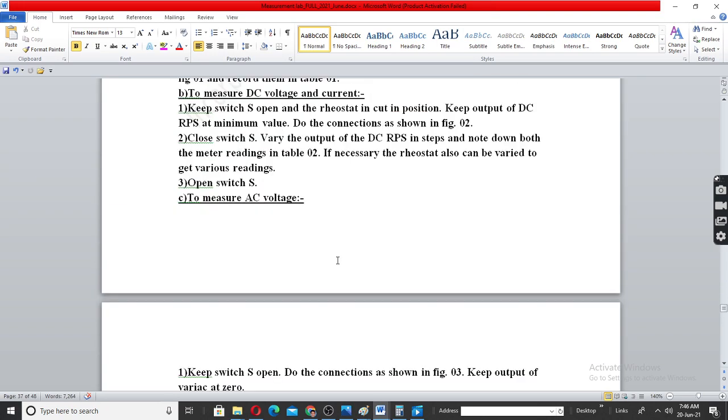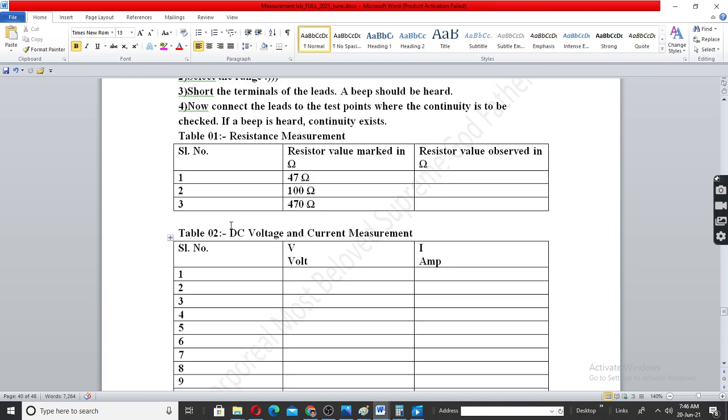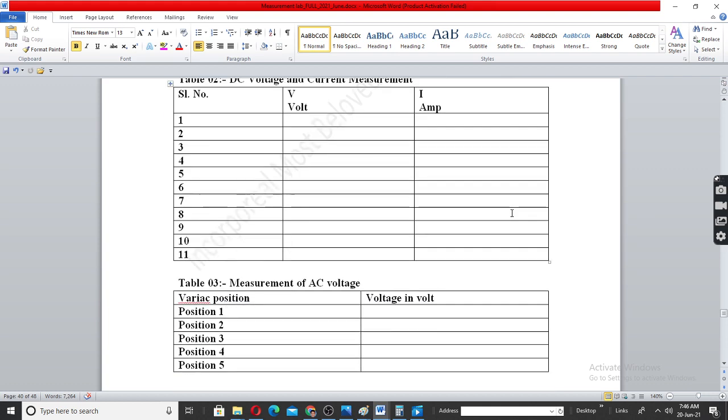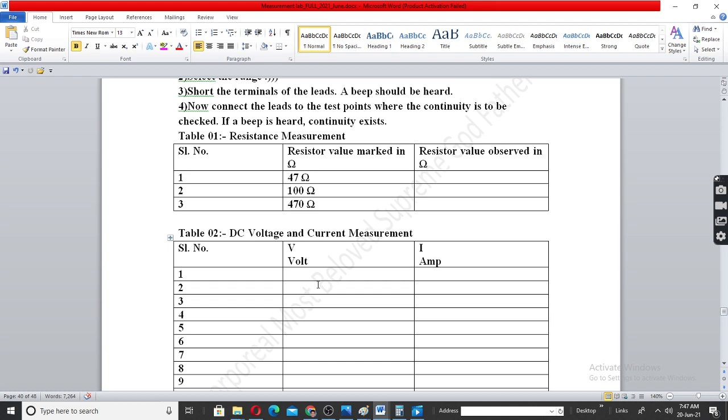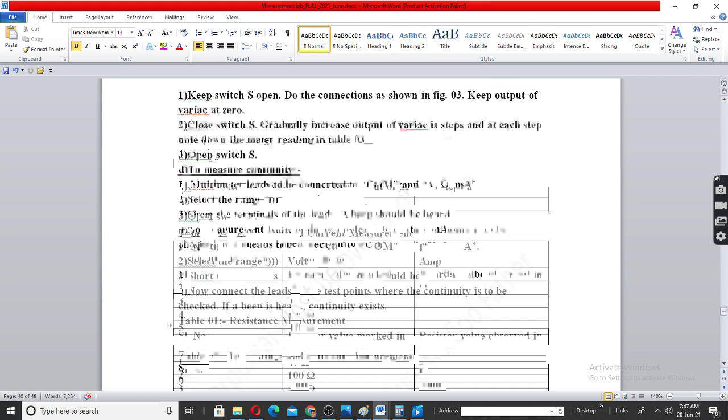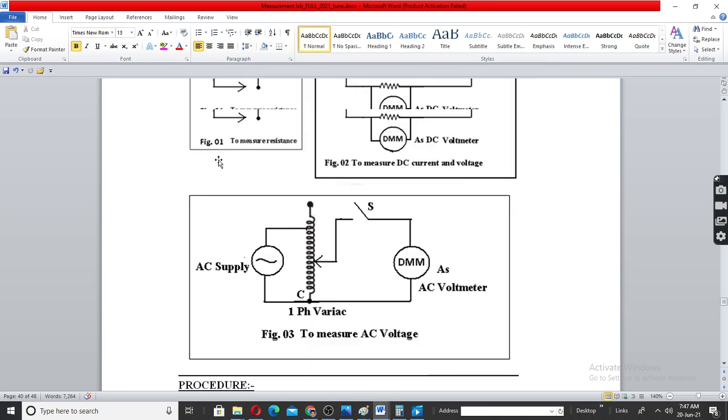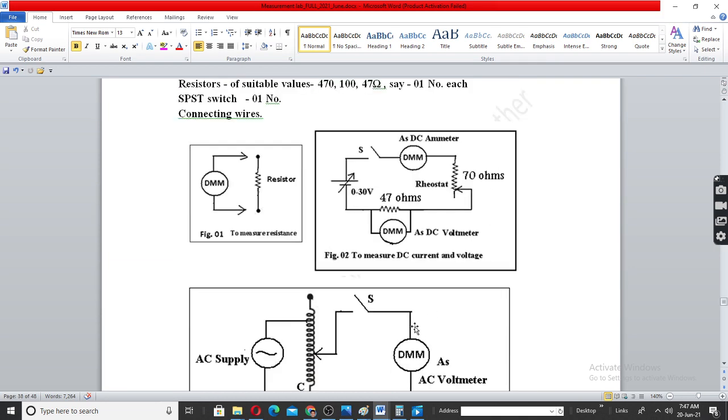Tables are given here, and you can do the measurements accordingly with the respective figures. Table 1 for figure 1, table 2 for figure 2. So figures 1, 2, 3.